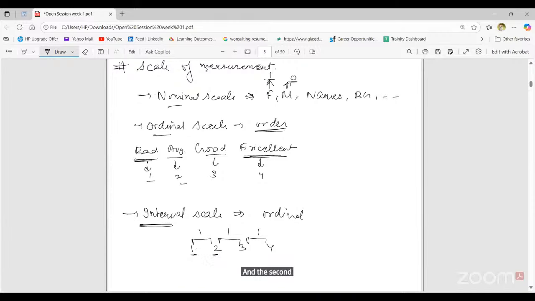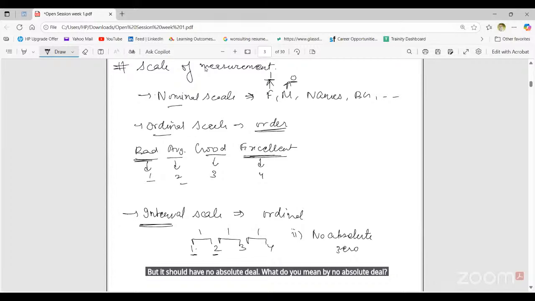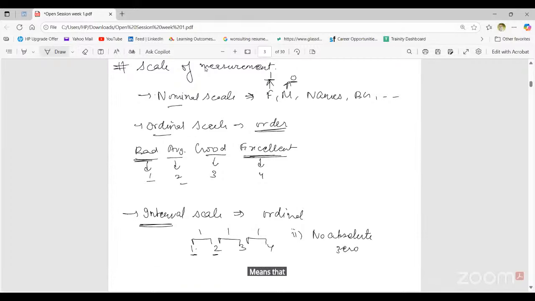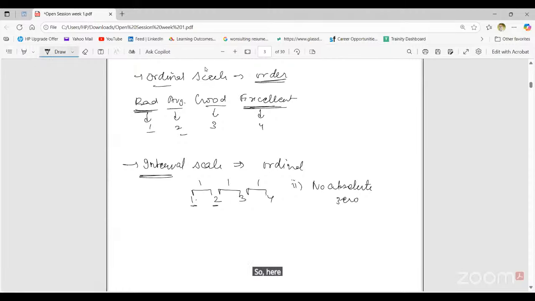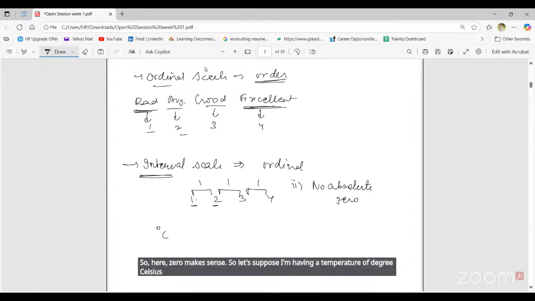And the second point is it should have an arbitrary zero, no absolute zero. What do you mean by no absolute zero? It means that zero should make sense. Suppose I have a reference temperature, 0 degree Celsius.